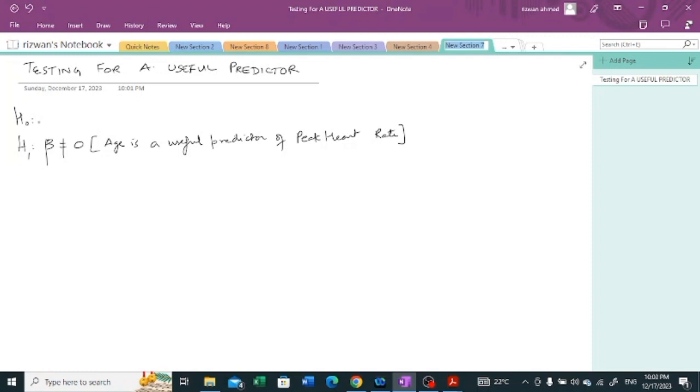H naught we state as beta equals zero, and that would be the negation of the statement we have written in the alternative hypothesis, that is, age is not a useful predictor of peak heart rate.